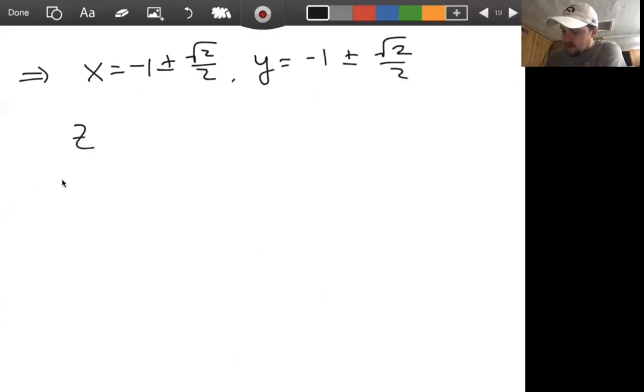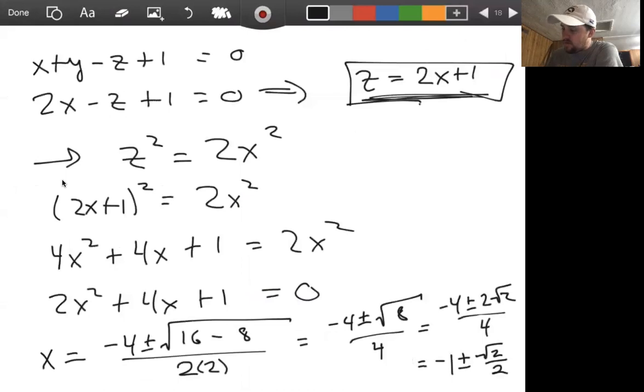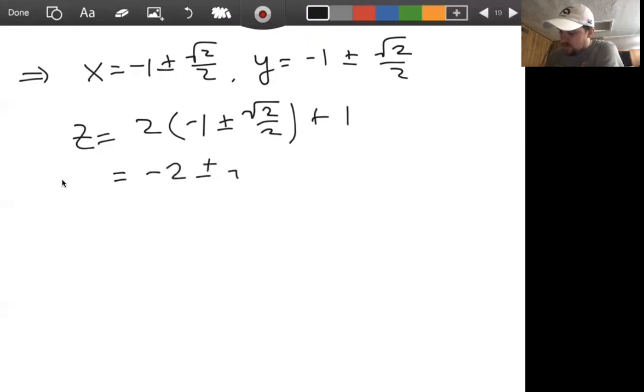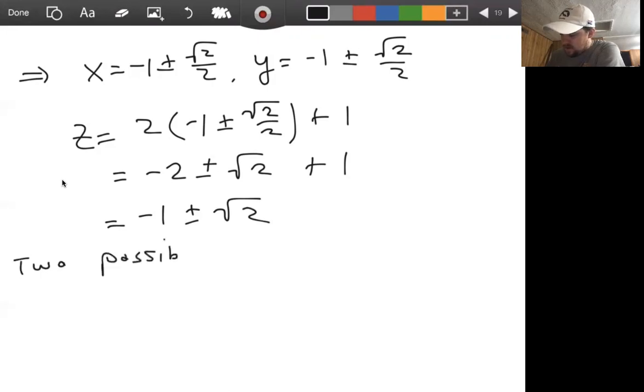And then z is equal to, well, we know what z is equal to. It's equal to 2x plus 1. So it's 2 times x, which is -1 plus or minus root 2 over 2, plus 1, which is -2 plus or minus root 2 plus 1, which is -1 plus or minus root 2. So we have two possibilities for the min and the max. And then now it would be to just determine which one is which, right?